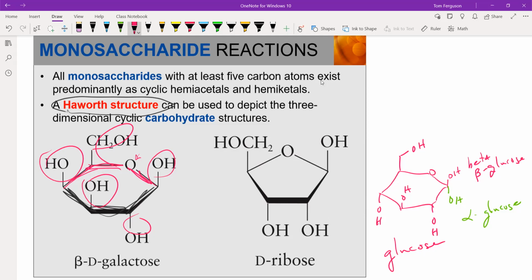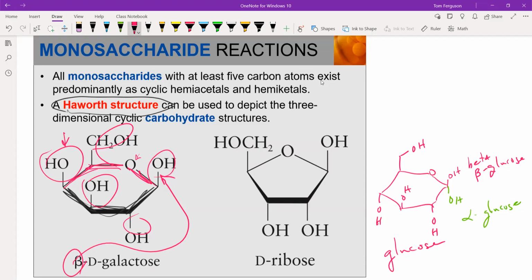So you have alpha and beta forms of all of them. Okay, notice beta, the OH is going up. Now galactose, it's just like glucose, except this guy goes up instead of down.